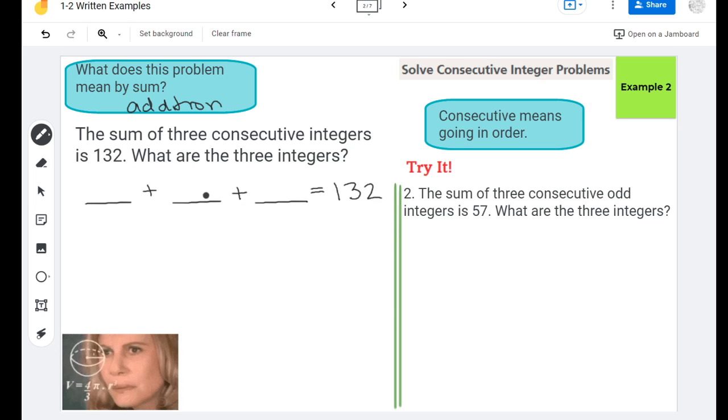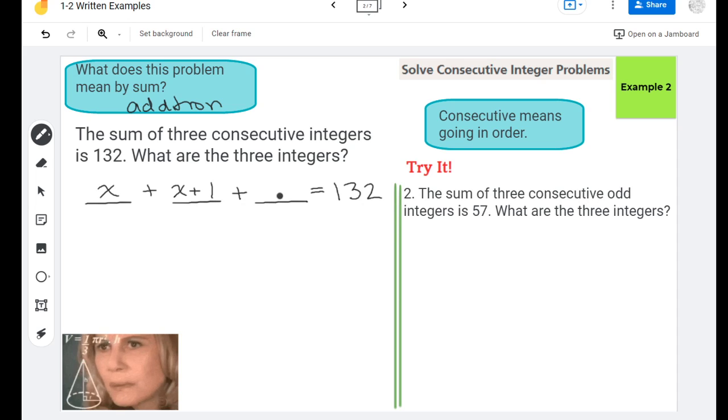Now here's the challenging part, is trying to find a way to describe these integers. So when you think about like 1, 2, and 3, or 20, 21, 22, realize that we're going to keep the first integer as the letter x. And to get to the next integer, so from 1 to 2, I would take this value and add 1 to it, wouldn't I?